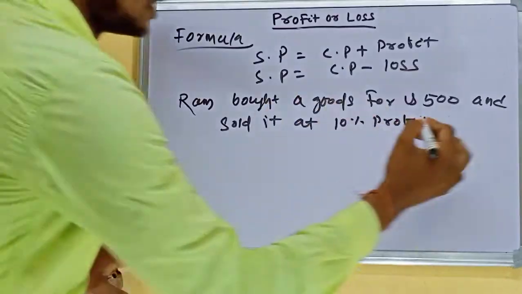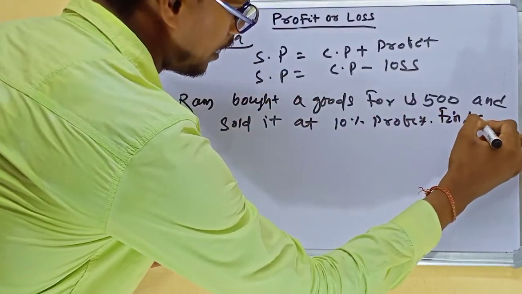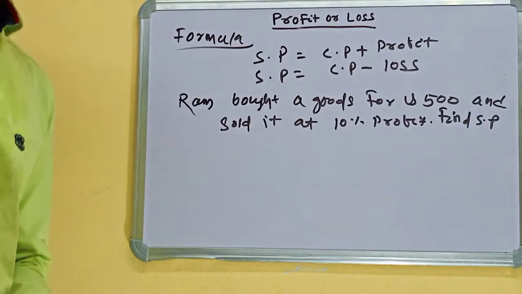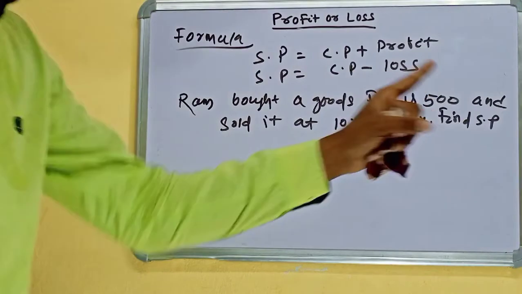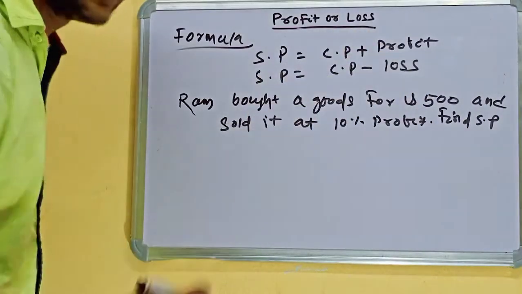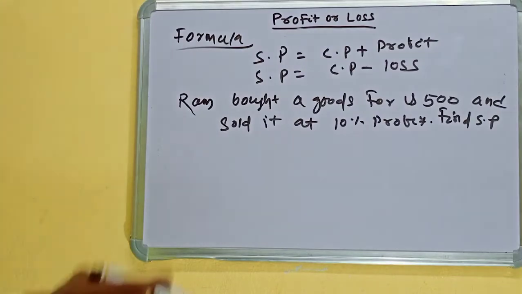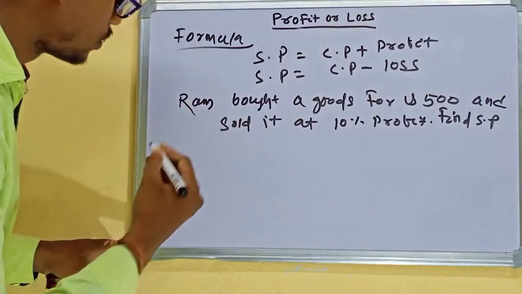Then find SP. Here CP and profit percentage are given and we are asked to find the SP. In this type of question we solve in this way.